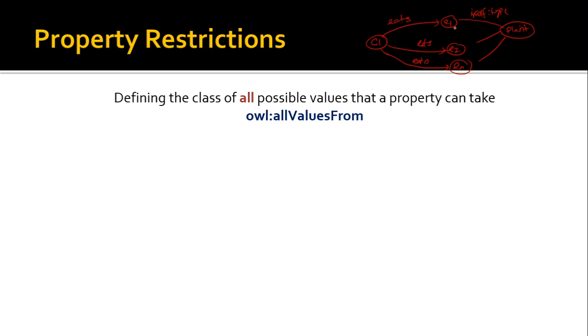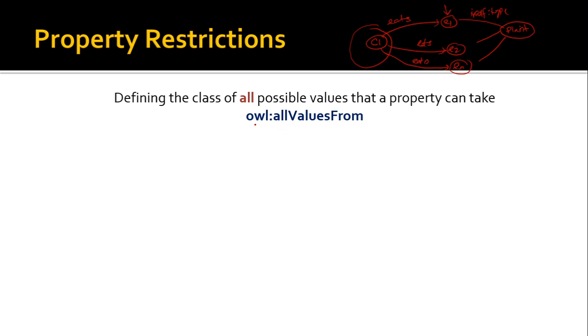So all values that the range can take for a property should belong to a particular class. We are trying to define a class for which all the values of a property belong to a particular pre-specified class, right?